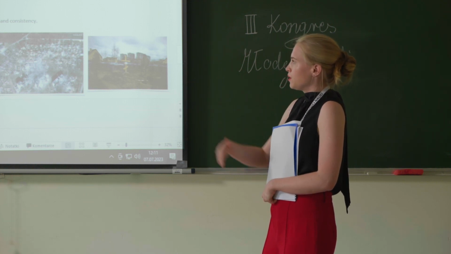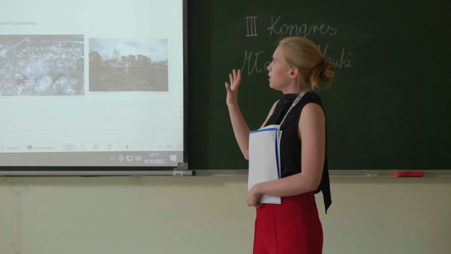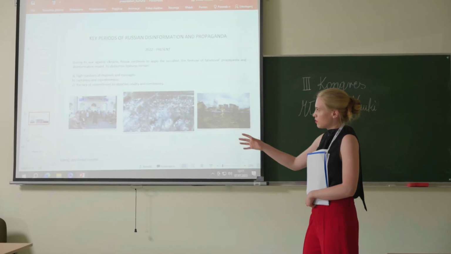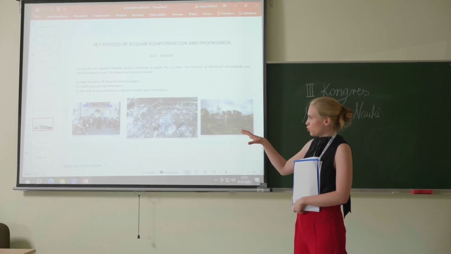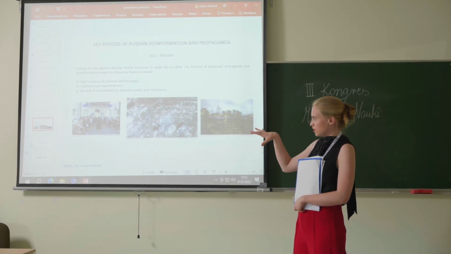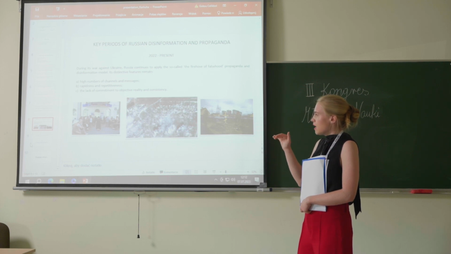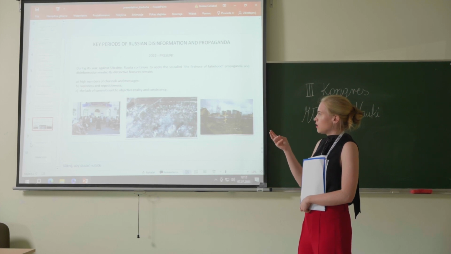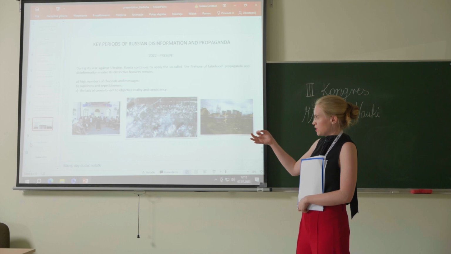For example, here you can see some pictures which reflect the narratives Russia has shared. On the first picture, there is a line of people who live in the occupied territories in the eastern part of Ukraine. According to USA intelligence services, on these territories people were deprived of food, medicines, and water until they received Russian passports.